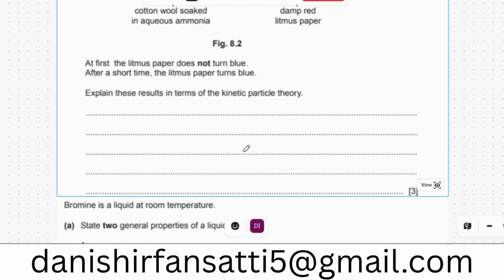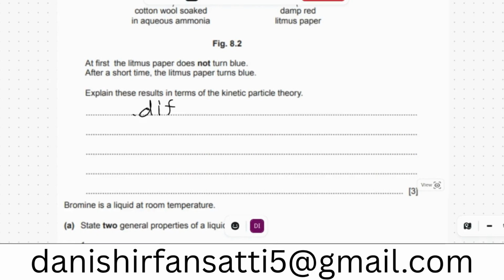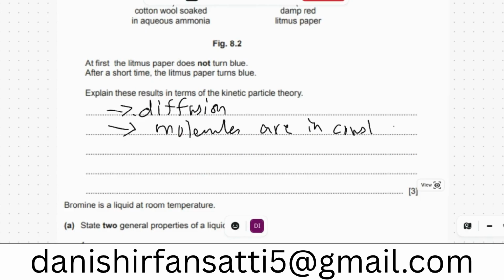If you want me to write, I will write it. First is diffusion. That is 1 mark. Okay, it will take time. Molecules are in constant motion.